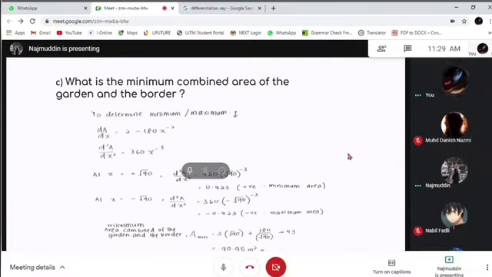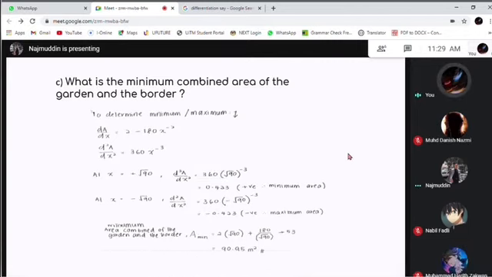Najmuddin, can you find me the minimum combined area of the garden and the border? Okay, so if you want to find the minimum combined area of the garden and the border, first you must differentiate one more time the area of the garden and the border. After you differentiate one more time, you will get 360 x to the power of negative 3. If the value of x that you get is more than 0, it will be minimum area.